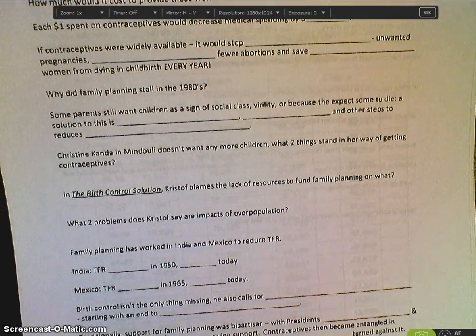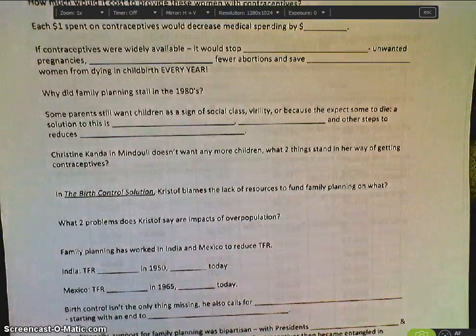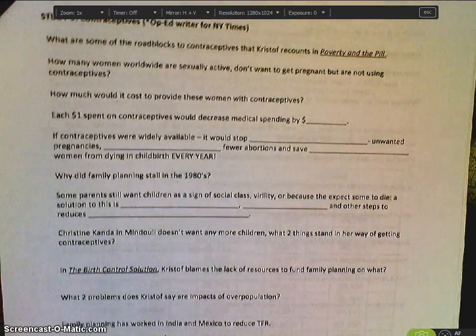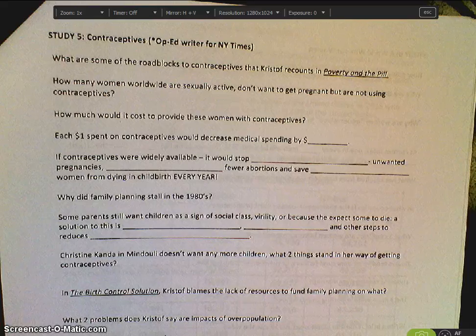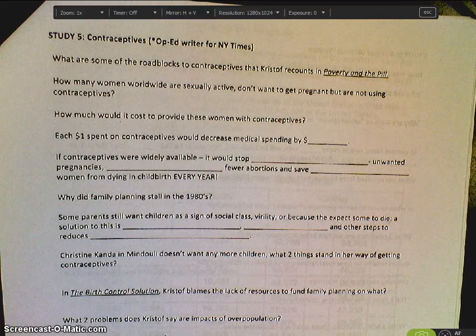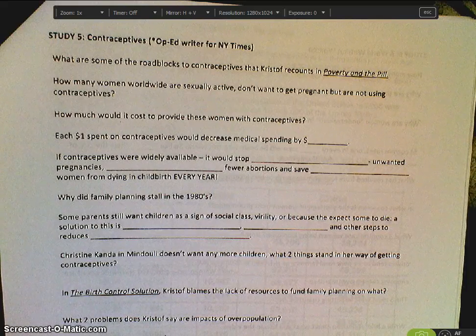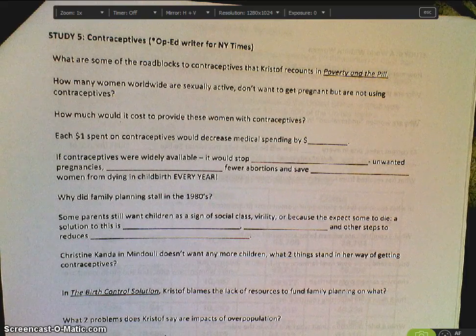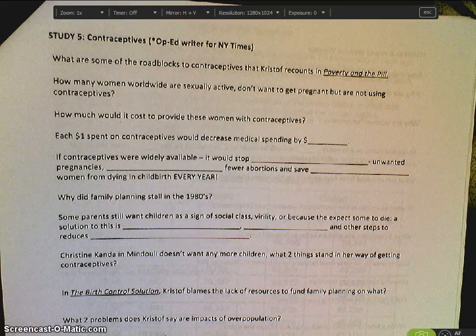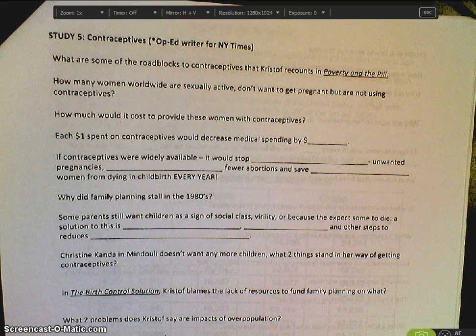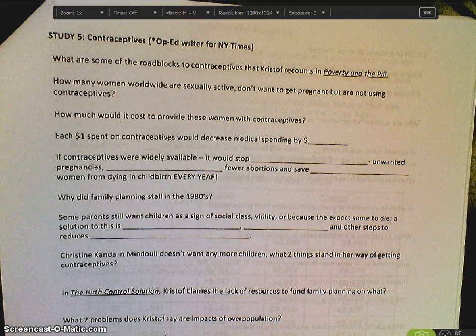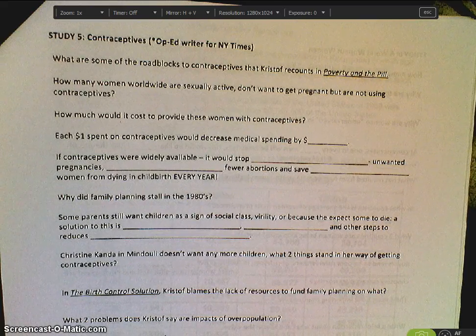Again, case study 5, this is looking at Christoph and his ideas for contraceptives. 2 separate articles. I'm sure he's written many, many more with his Half the Sky ideas. But again, we're going to look here at who he says is to blame, what the benefits are for contraceptives, looking at the developing world, and why our attitudes about them have changed. So again, you've got a lot of things going on here.